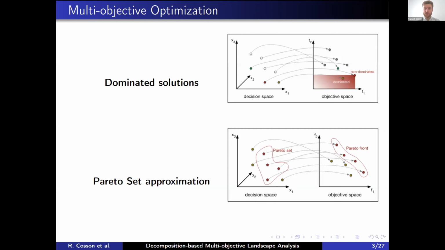Two solutions which do not dominate each other are said to be incomparable. In multi-objective optimization, we don't seek to find one optimal solution, as most of the time there is not only one, but instead we search for the set of non-dominated solutions, which is called the Pareto front.